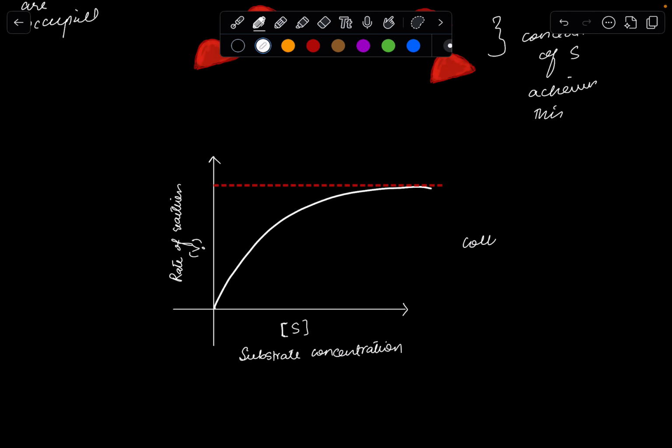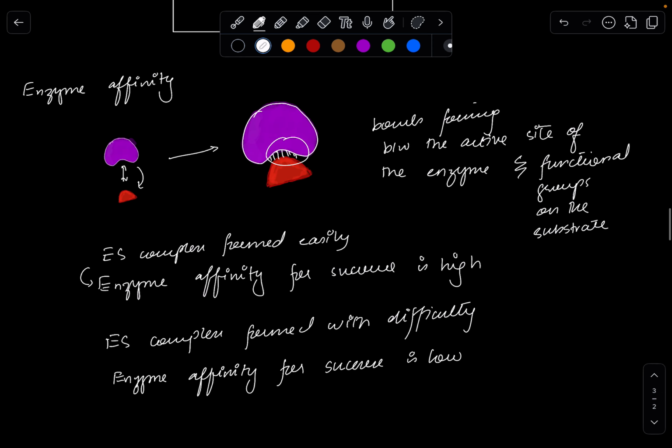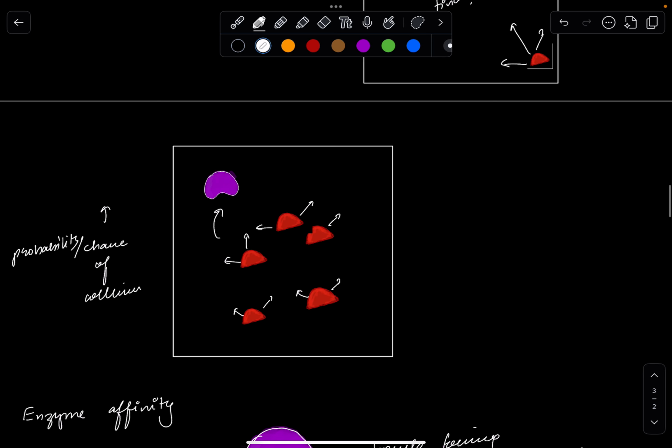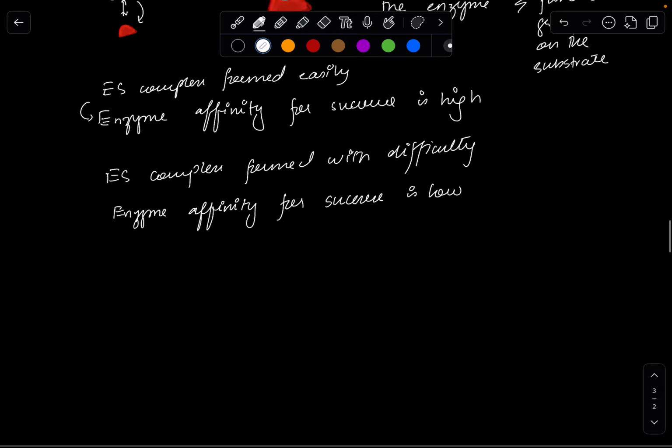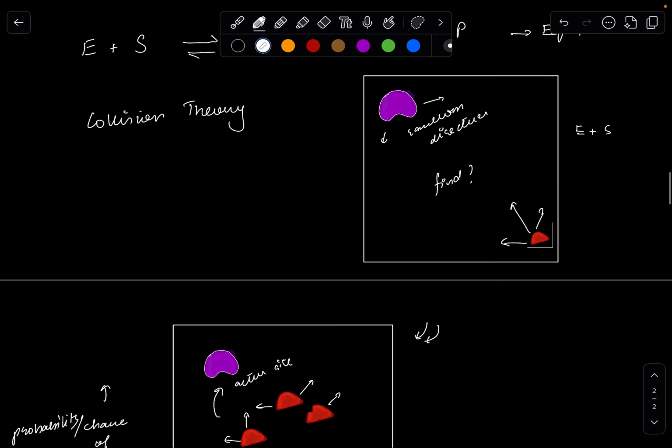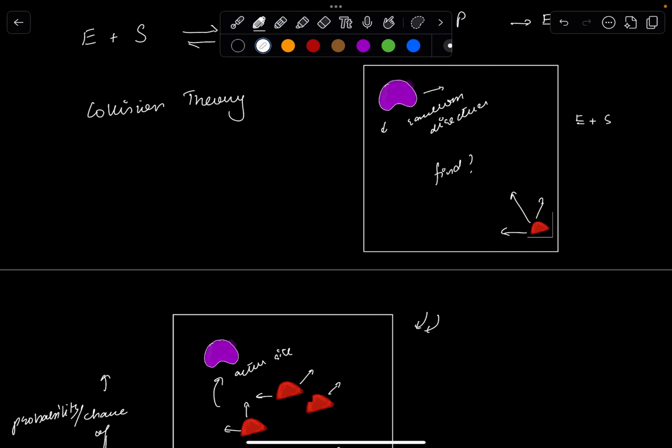Why? Because of collision theory. If I have more substrate, I am more likely to bump into or find my active site. But if I have less substrate, the probability of finding my active site is less.